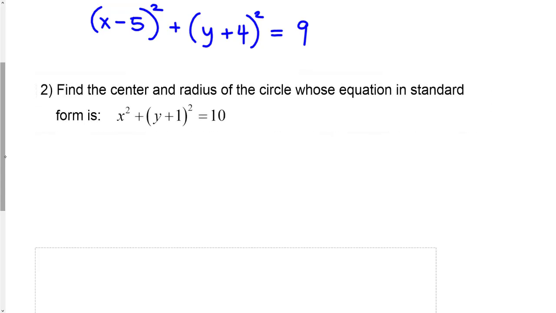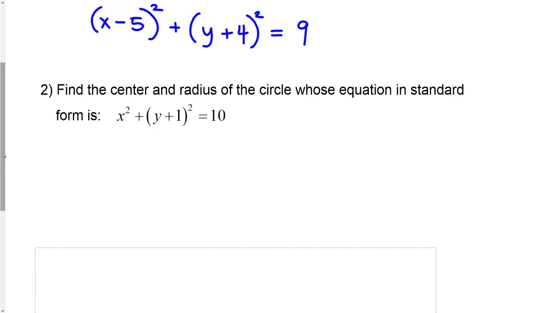Find the center and radius of the circle whose equation in standard form is x squared plus y plus 1 squared equals 10. Well, to identify the center and radius, we need it in the center radius form, which is another way of saying standard form.